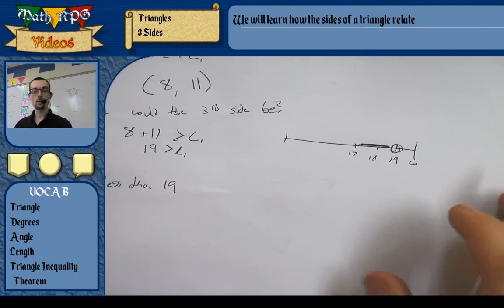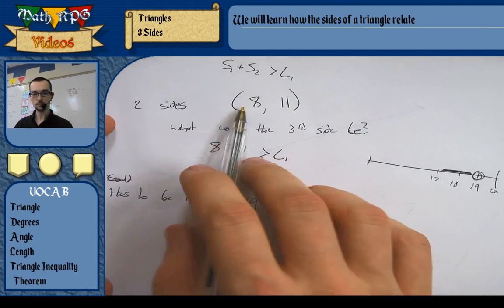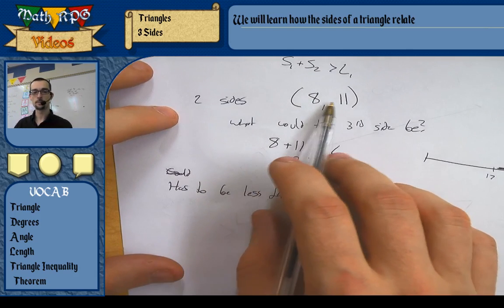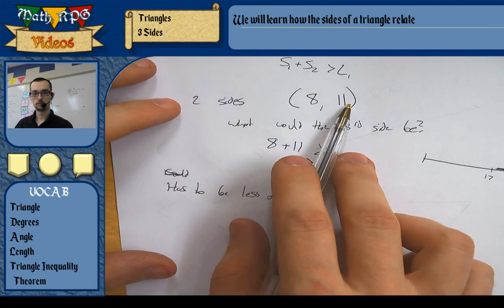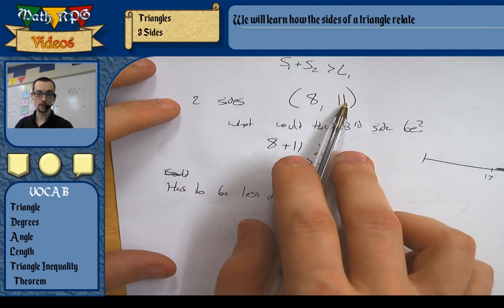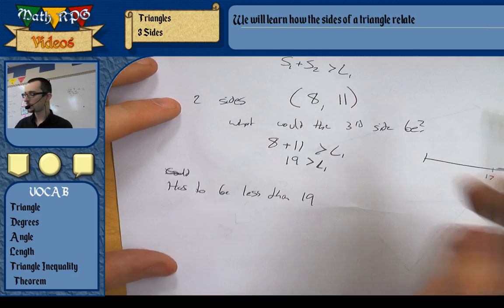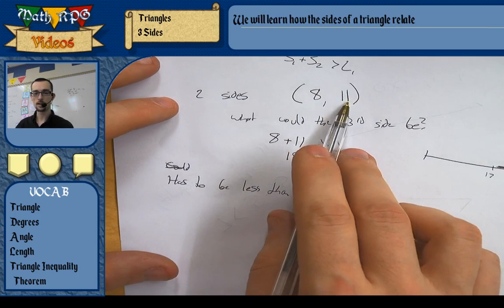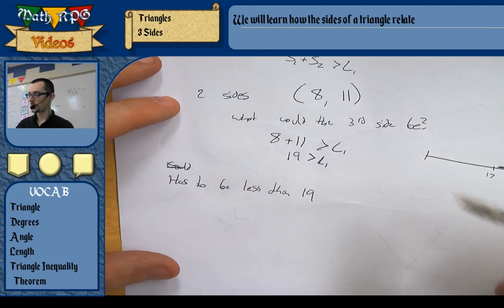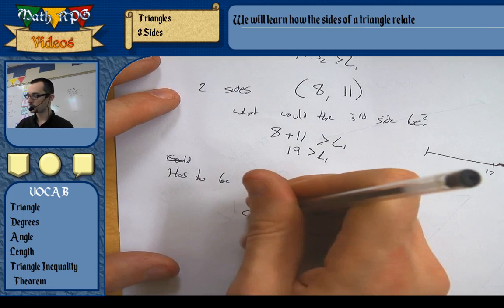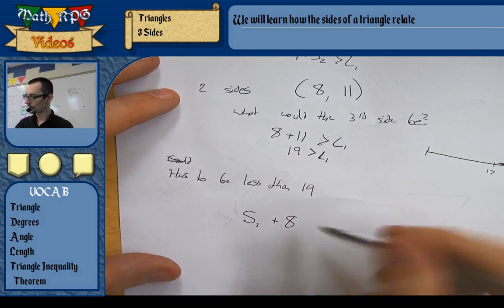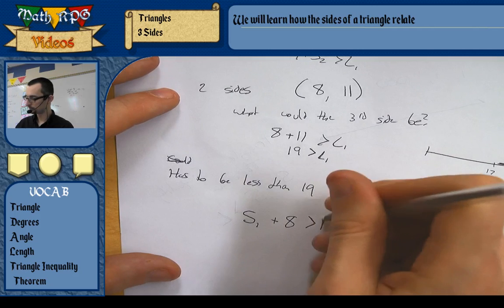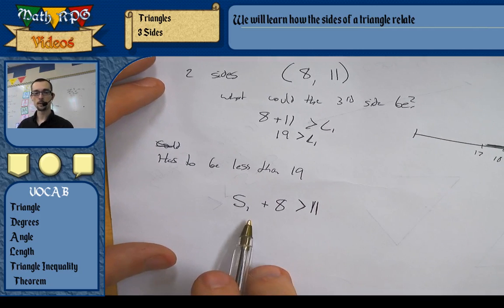Okay, well, what if these aren't the short sides? What if these are the long sides? Which one's my long side, 8 or 11? It can't be 8, because 11 is longer than 8, so 11 is going to be my long side. Now my missing one's a short side. I don't know what my short side is, but I know my other short side is 8, and my long side is 11. So what could that short side be?